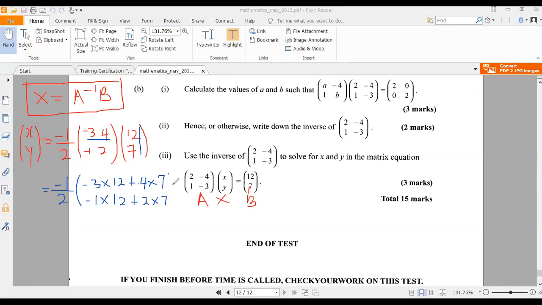All right. Then we are going to work it out now. So we are going to get -1/2, open brackets. Now -3 times 12 will give me negative what? -36. Beautiful. Plus what? 4 times 7.